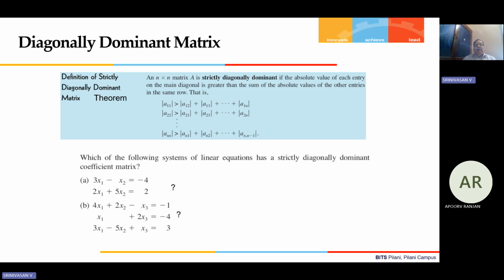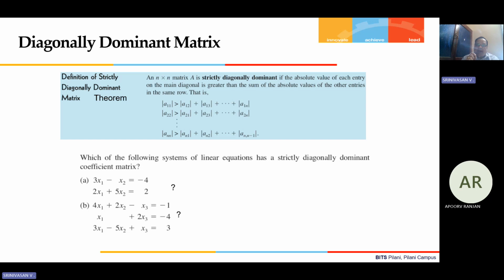Now, what is very important, in general, for both the iterative methods of Gauss Seidel and Gauss Jacobi, is that the coefficient matrix should be a strictly diagonally dominant matrix. So here, when I use the word sufficient, you might have heard about necessary and sufficient conditions.